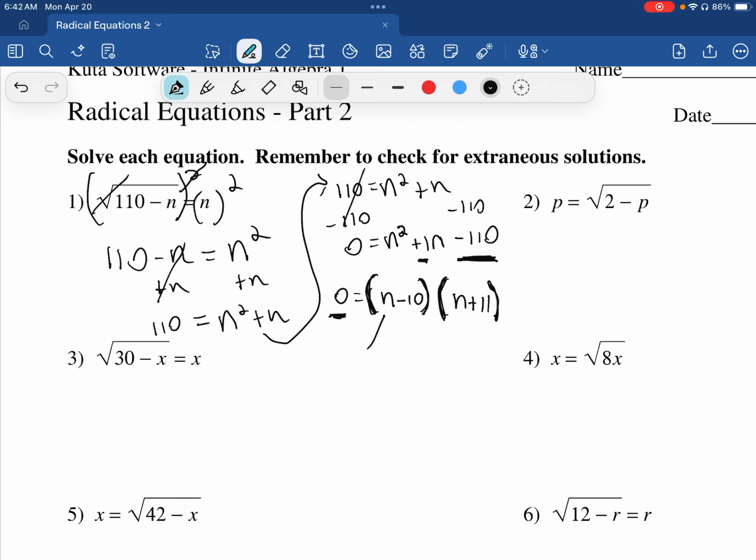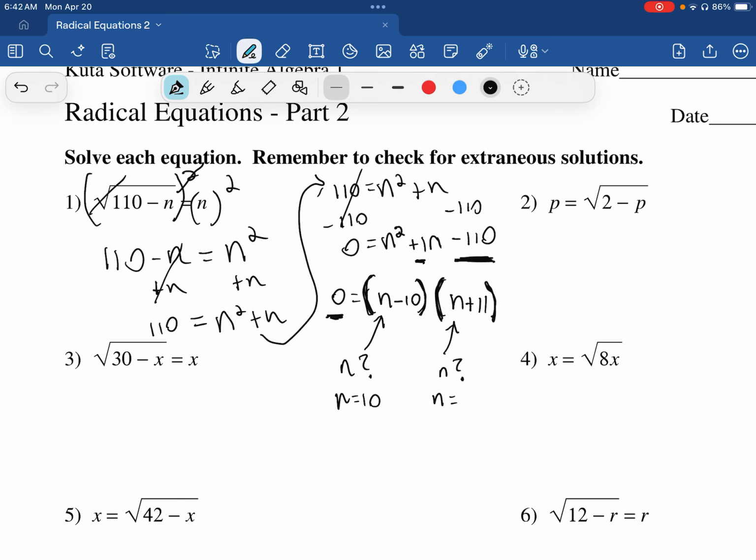So we're asking ourselves, what do we have to put in for n to make this parenthesis 0? And this parenthesis 0? Well, if we put n equals 10, 10 minus 10 is 0. Similarly, if we put in n equals negative 11, then negative 11 plus 11 equals 0. So our two solutions are n equals 10 and n equals negative 11.